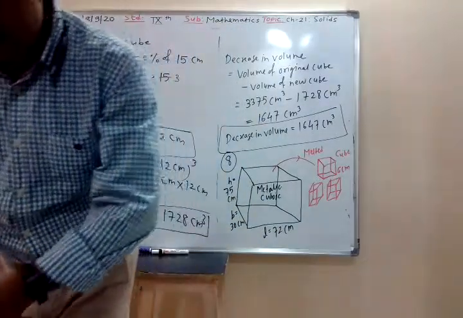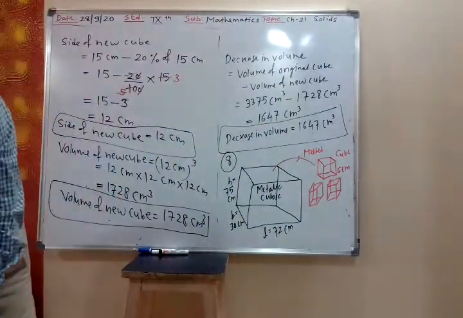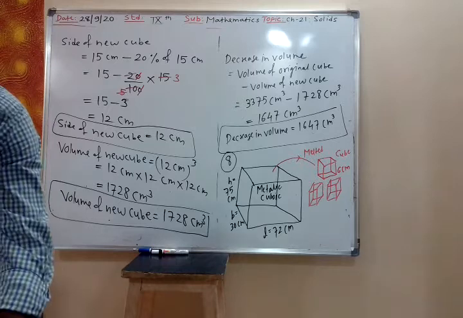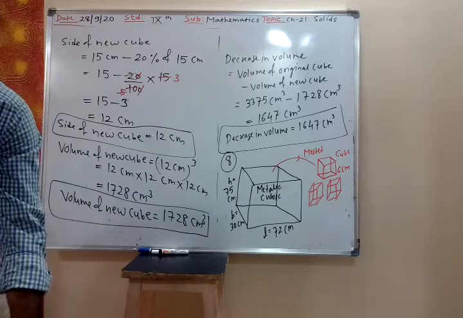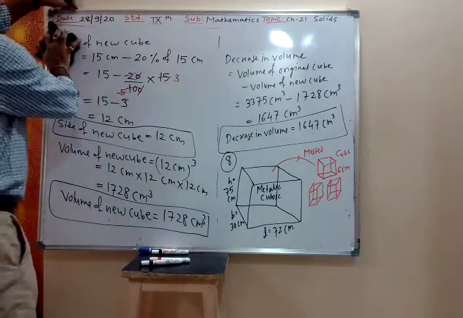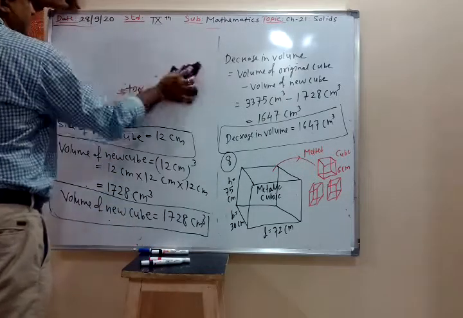Now each side of the cube is 6 centimeters. So your first job is to find the volume of the metallic cuboid.